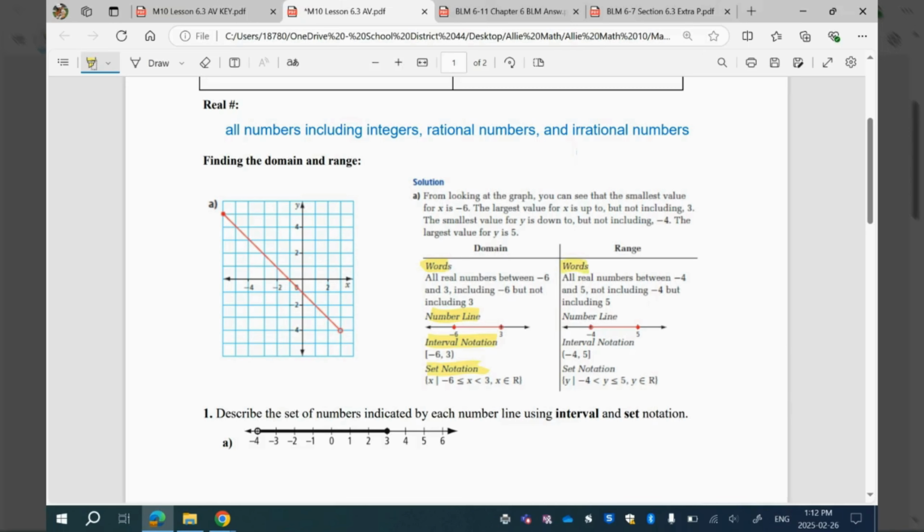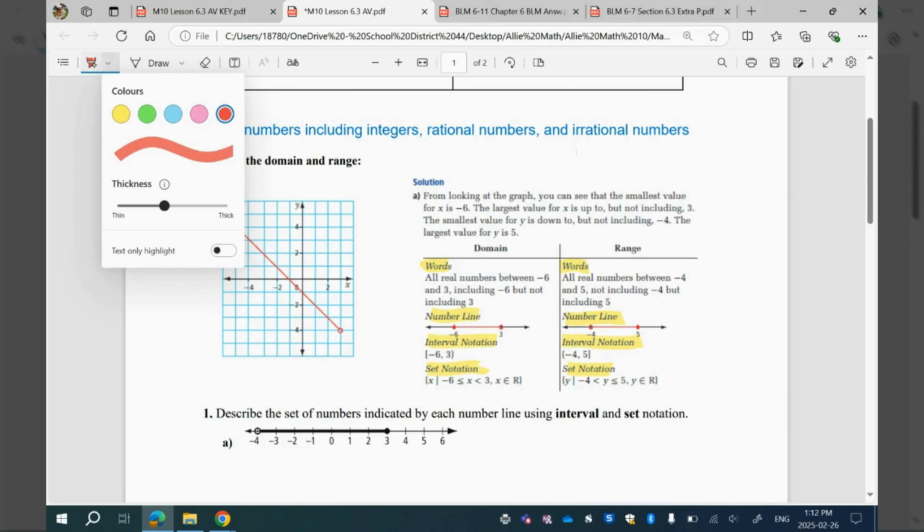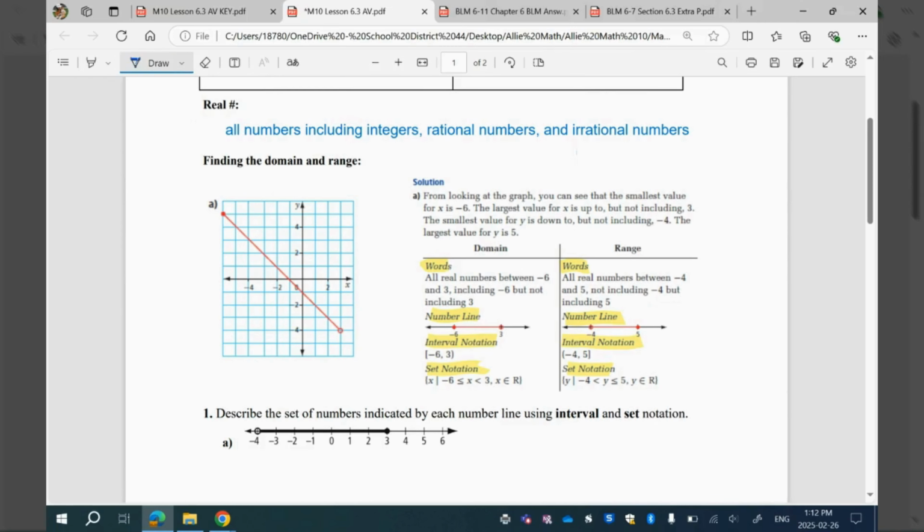And actually, there's another way. We'll need to be able to show it as a list as well, but that's only for discrete data.